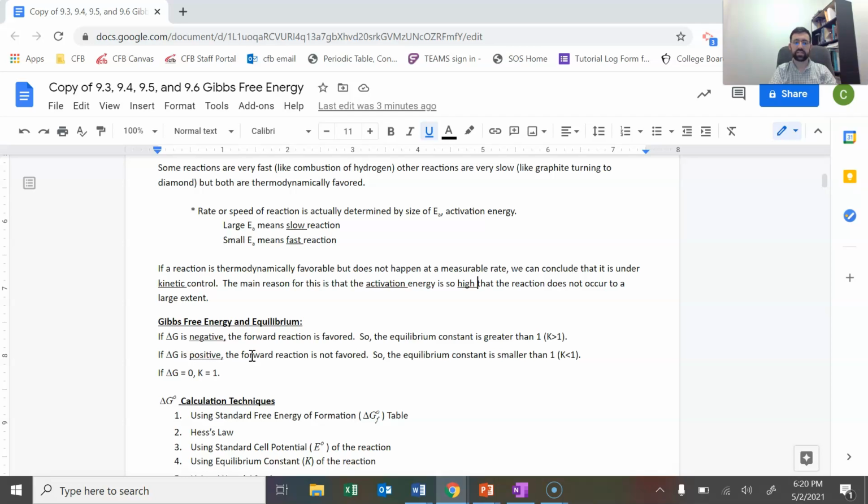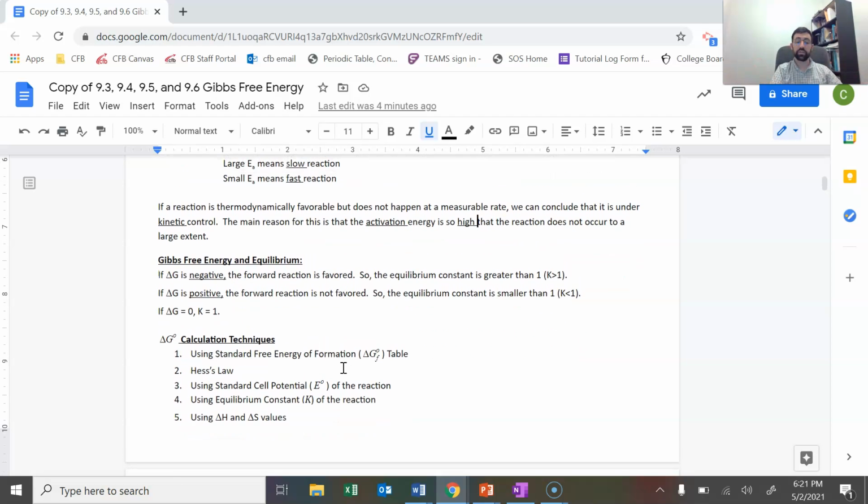If delta G is positive, the forward reaction is not favored. Instead, the reverse reaction is favored. So the equilibrium constant is smaller than 1. So K will be smaller than 1. Now, if delta G is 0, then K is equal to 1. And that's already at equilibrium, essentially.